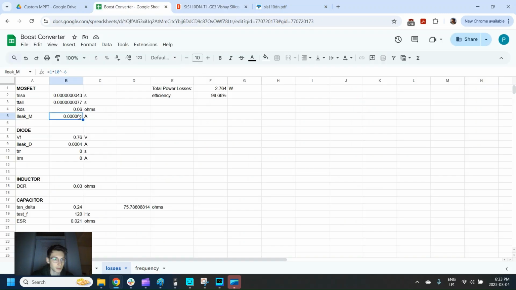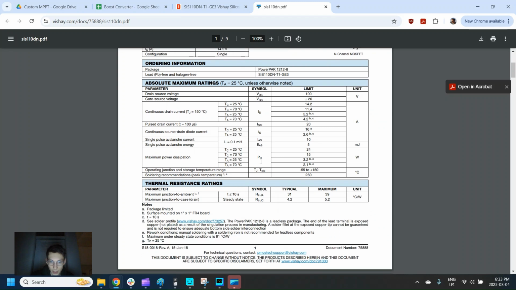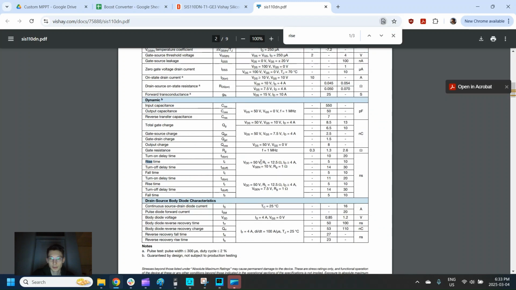What is the other value we're looking for? Rise and fall times. So we can go down here. There we go, our dynamic behaviors, our gate resistance, etc. Here we go, rise time and fall time.